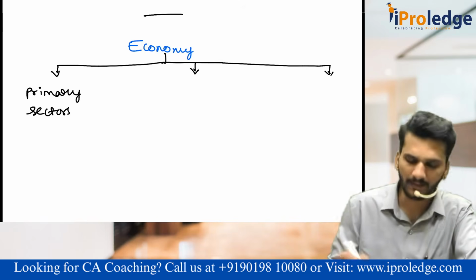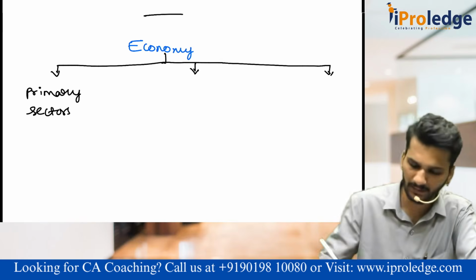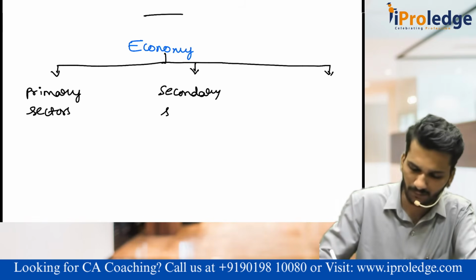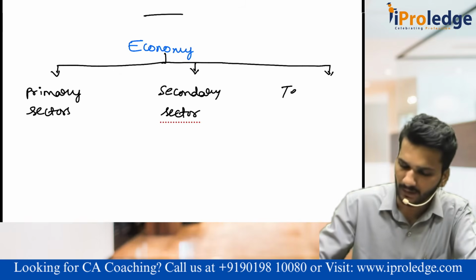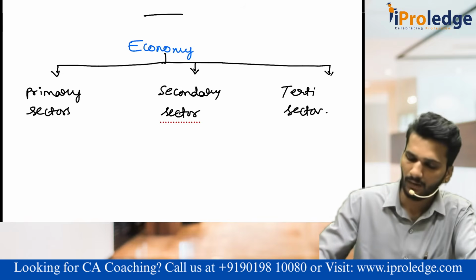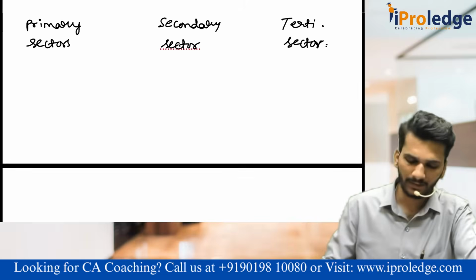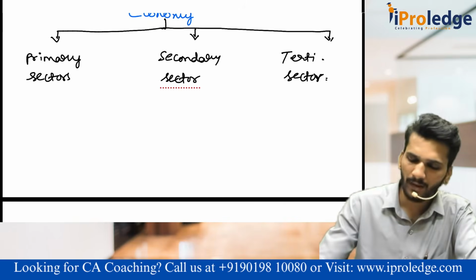You tell me how many sectors are there in India or in an economy? As we already discussed, it is three sectors. Second one is secondary. Then third one is tertiary. Tertiary sector. And when we divide the economy into sectors, these sectors are subdivided into subsectors.